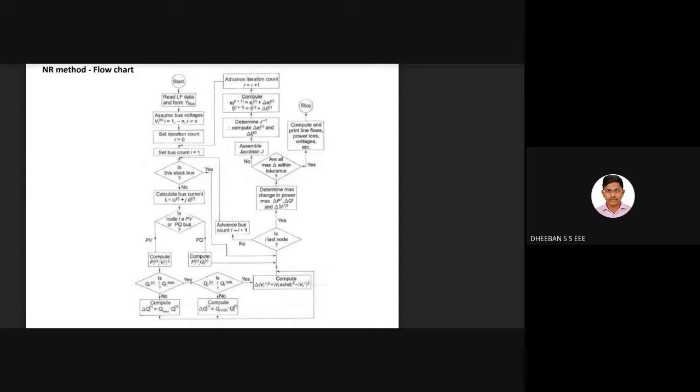What we have seen yesterday is the basics. If you understand those basics, you can easily go through this flowchart. Any doubt with the flowchart, you can just ask. So everybody is clear with the flowchart.